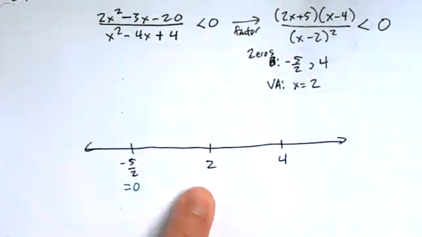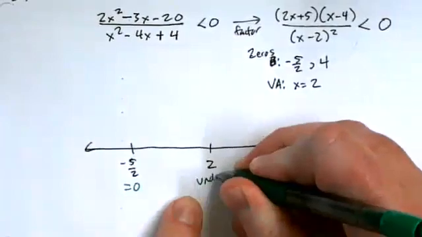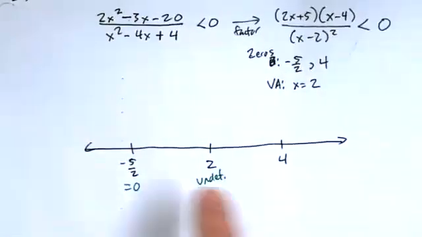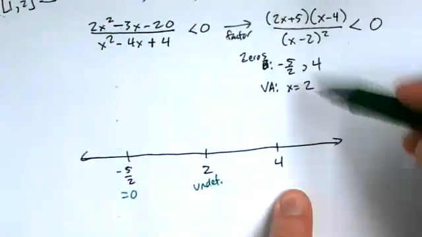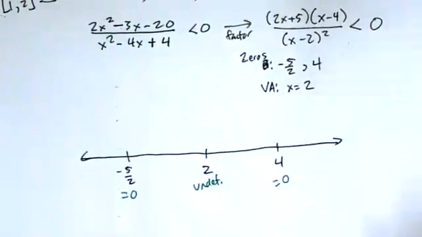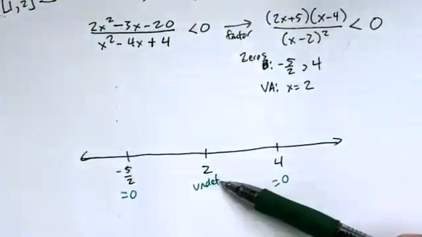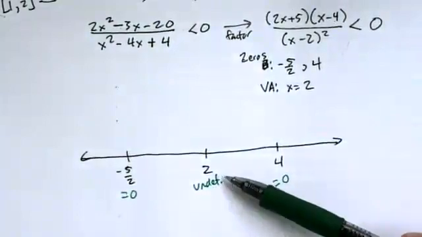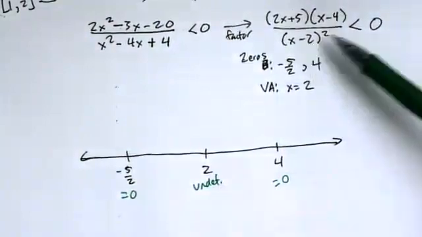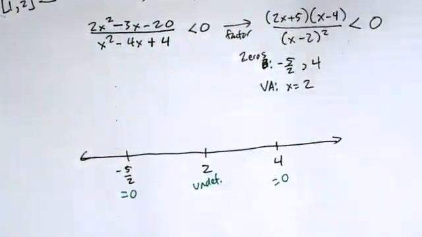Undefined. And at 4, this is equal to 0 again, which means 2 is not going to be part of our solution at all. It can't be part of a solution because 2 is not part of the domain for this half of the inequality.